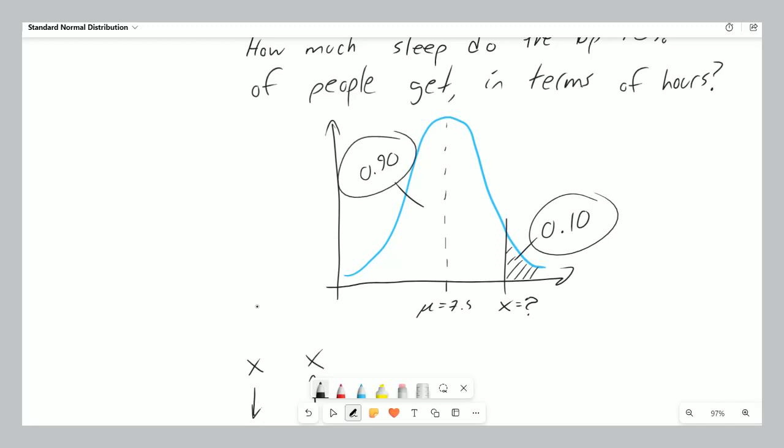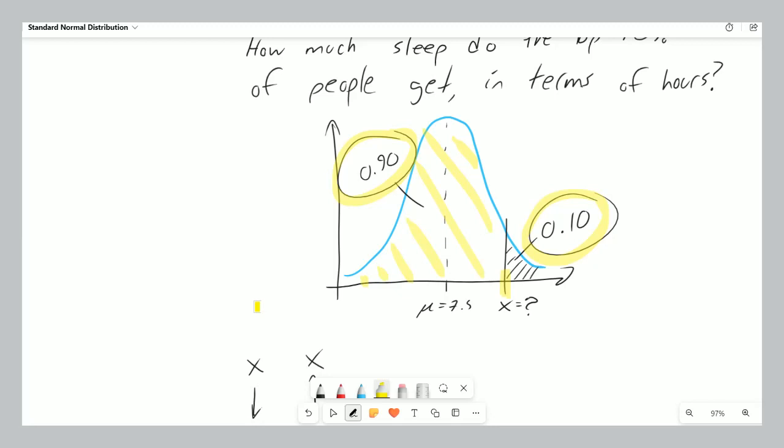It's 0.9000. Because if we're using the z-table, we want to know the probability of being below a certain value. The z-table only tells us the probability of being below a certain value. If we're looking for the top 10%, that cutoff, that's the same as looking for the cutoff for the bottom 90%.